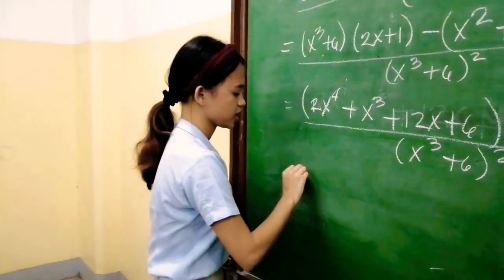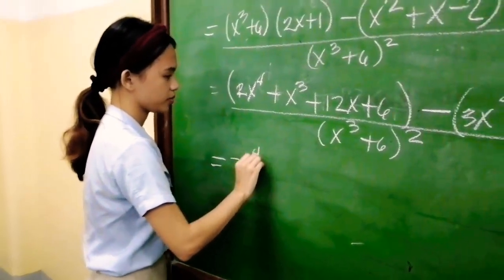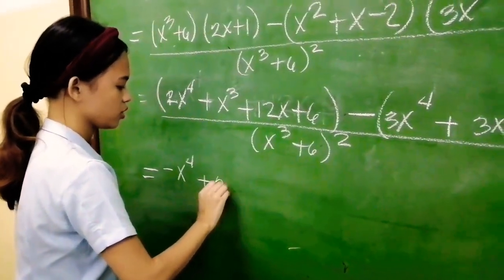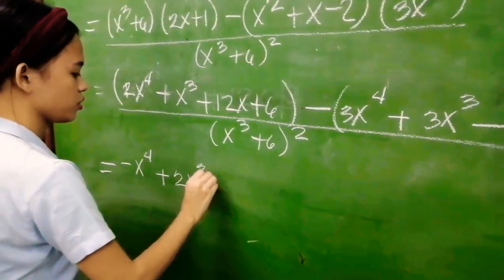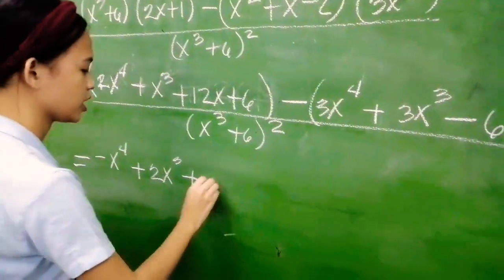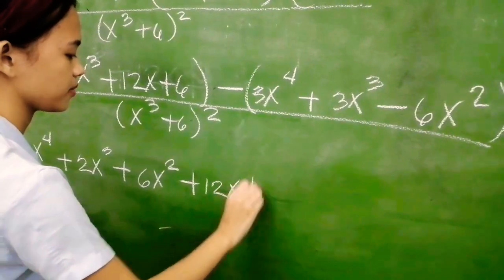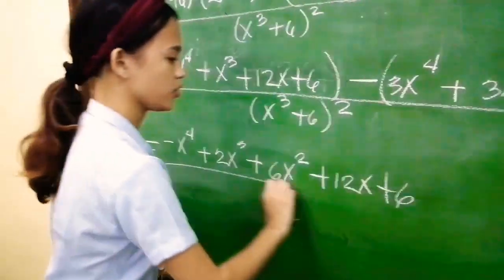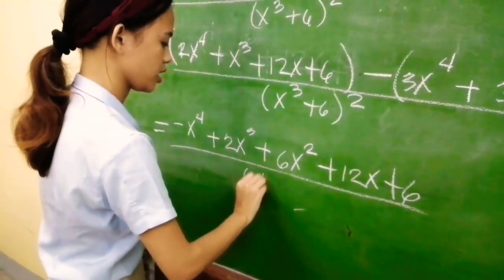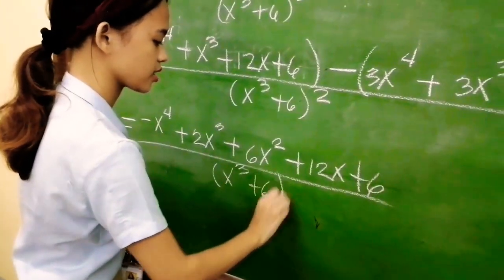The final answer is negative x raised to the power of 4 plus 2x cubed plus 6x squared plus 12x plus 6 over the denominator x cubed plus 6 squared. I hope you learned something from this.